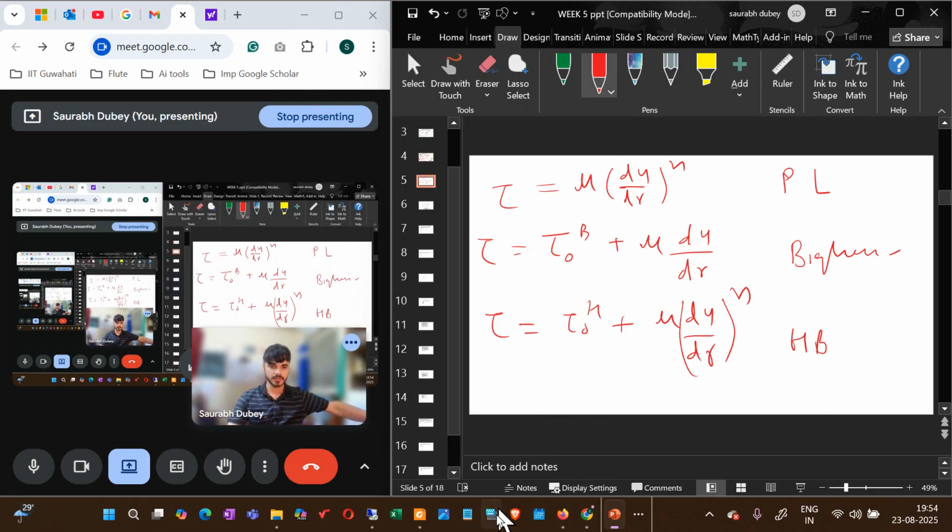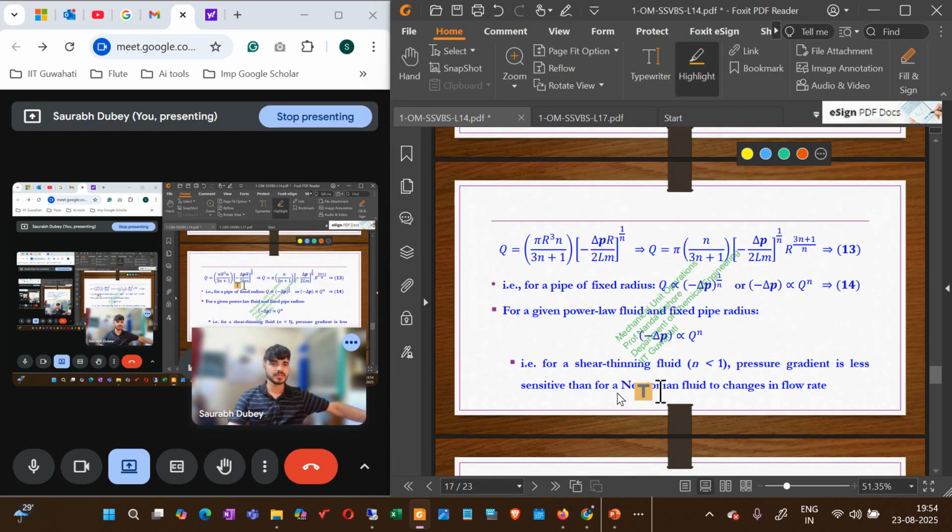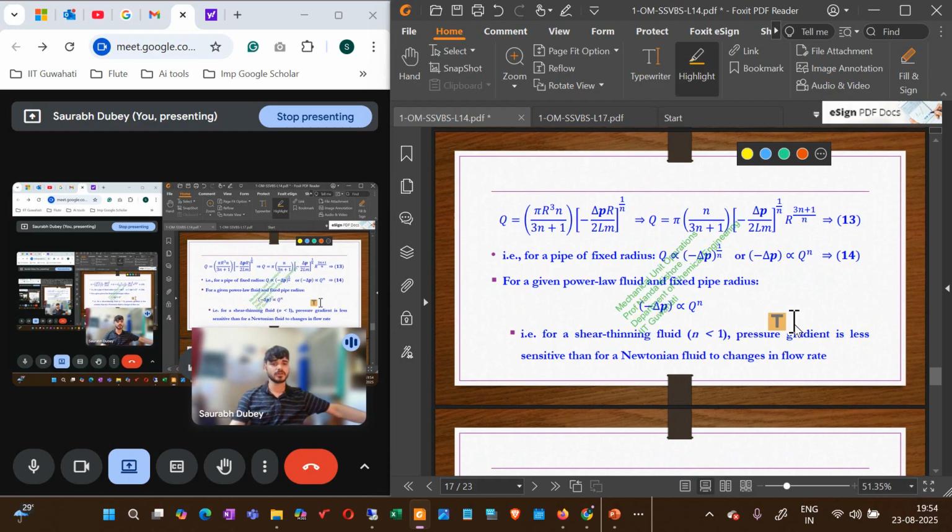Now let's see what happens. So this we have talked about, right? From here you can see that the pressure drop is directly proportional to Q to the power n, volumetric flow rate to the power n, right? For a shear thinning fluid, n is less than 1, so the pressure gradient is less sensitive than for the Newtonian fluid to change in the flow rate, right? For the Newtonian fluid, n is 1, and for the shear thinning fluid, n is less than 1.